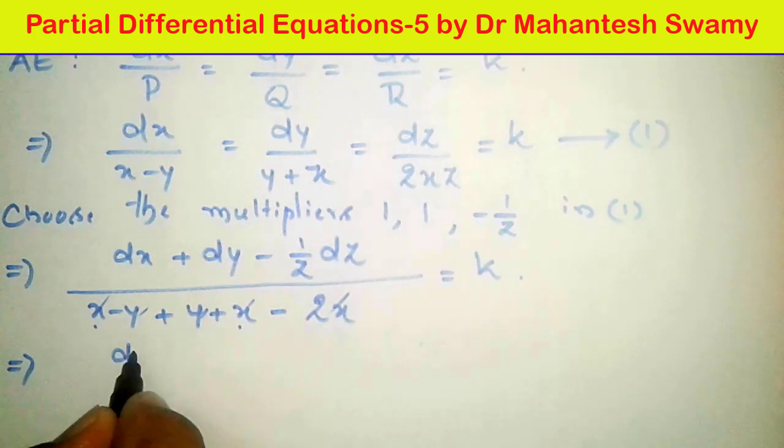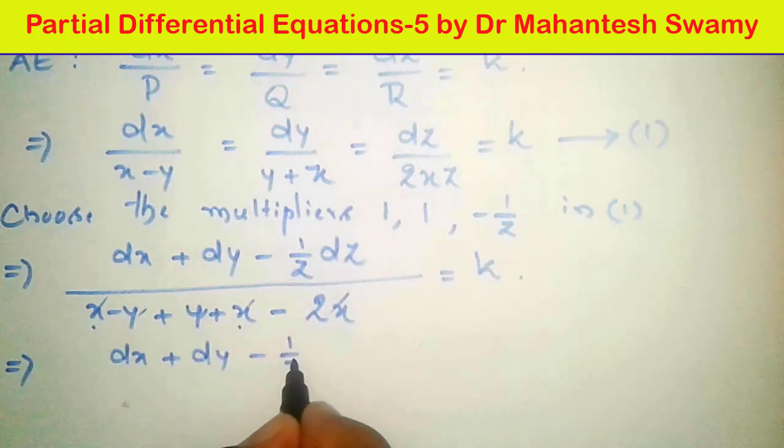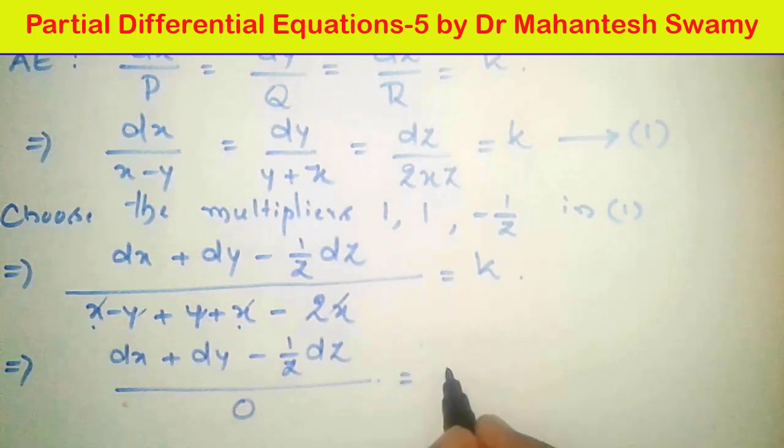So therefore dx plus dy minus 1 by z dz in the numerator, whole divided by 0, is equal to k.